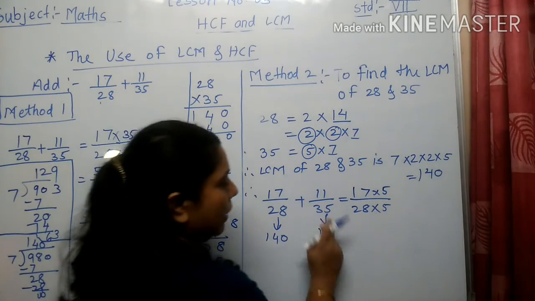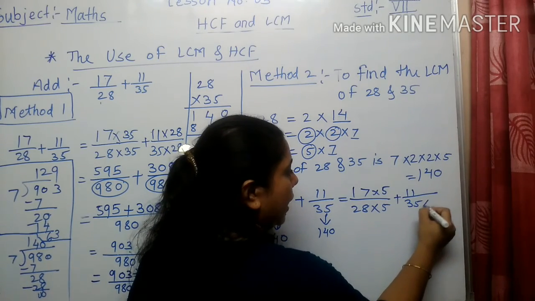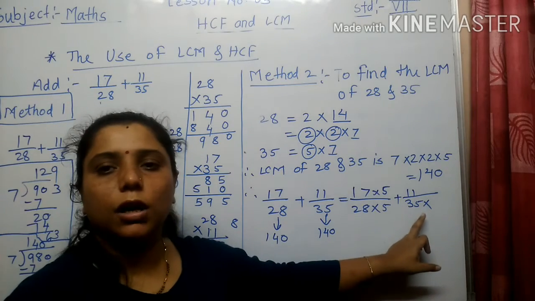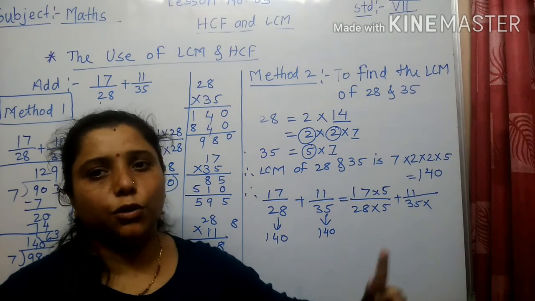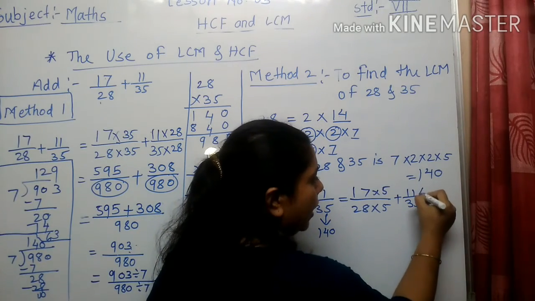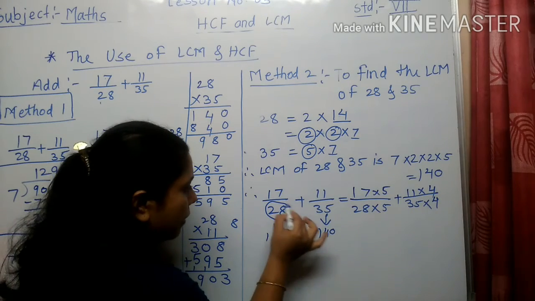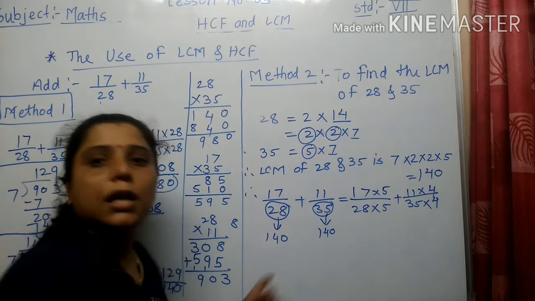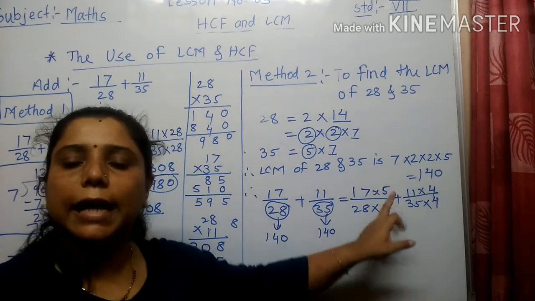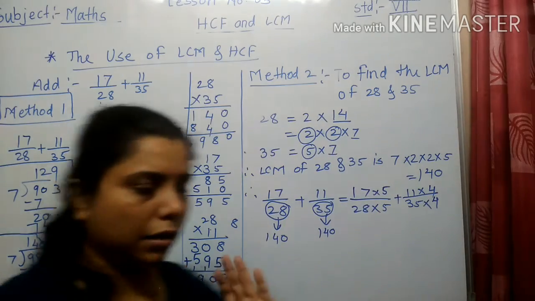Similarly for the second fraction, 11 upon 35, we multiply by 4, because 35 times 4 is 140. Now this denominator will be replaced by your LCM, and you multiply the numerator as well as the denominator.